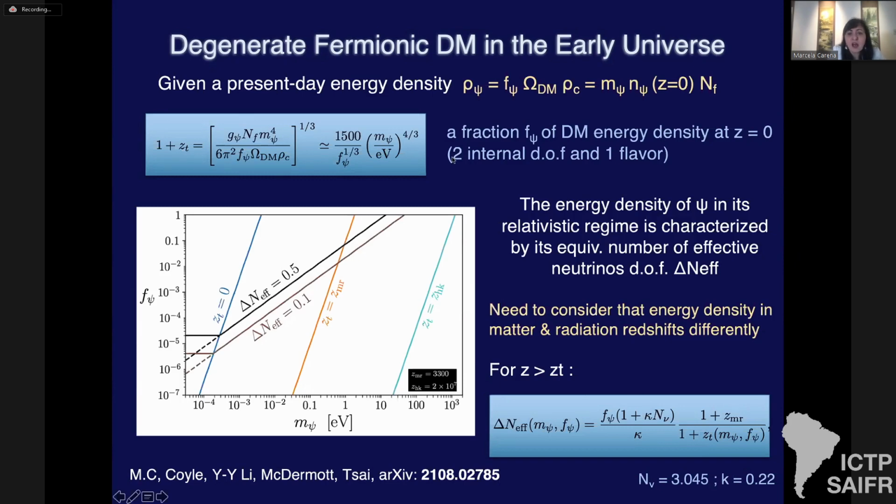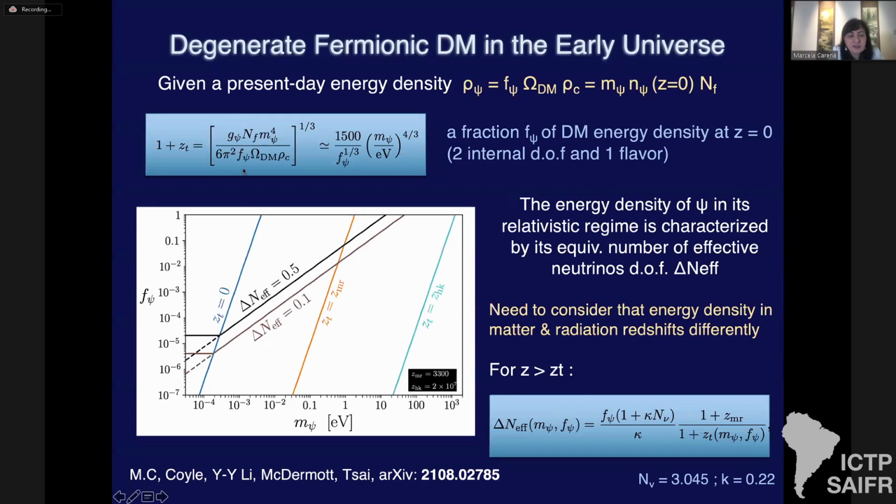So we compute, based on today's energy density, the redshift at which dark matter goes from being relativistic to non-relativistic as a function of the mass of the dark matter and the fraction of dark matter energy density that we have today.